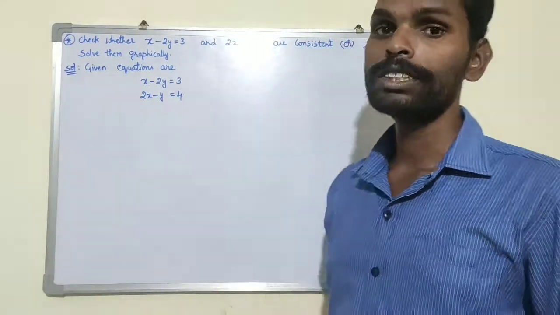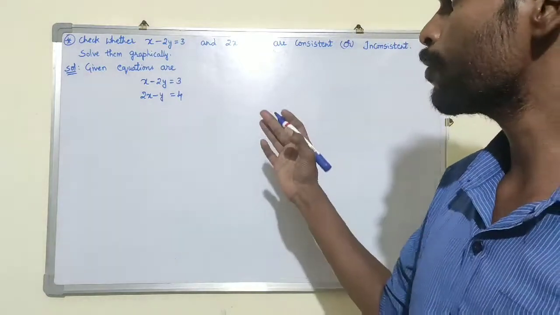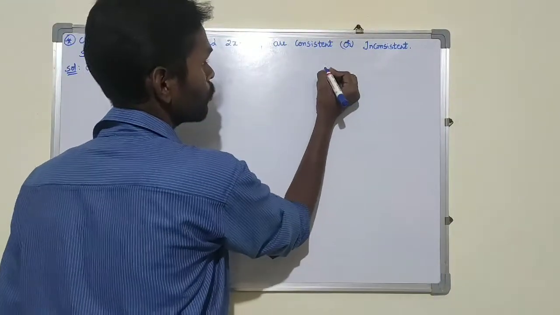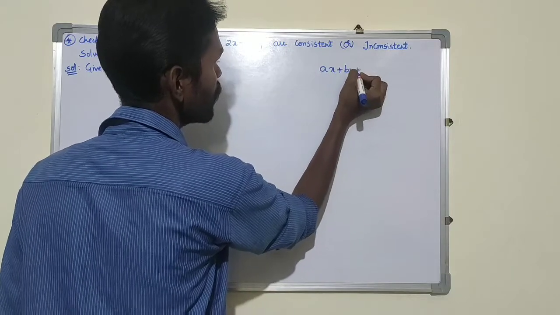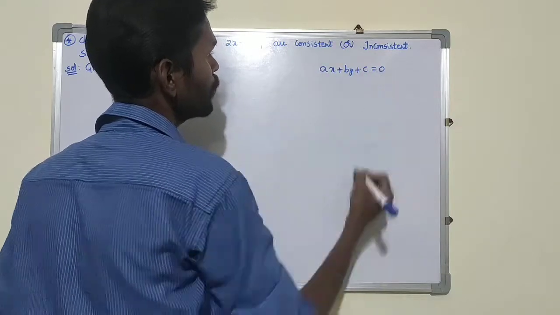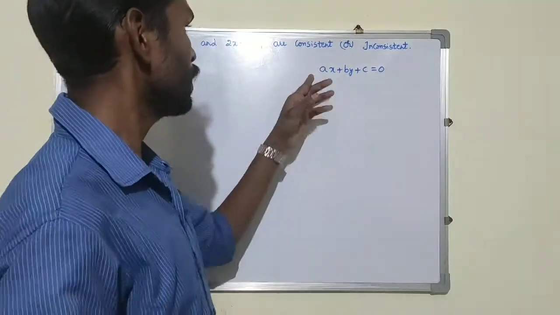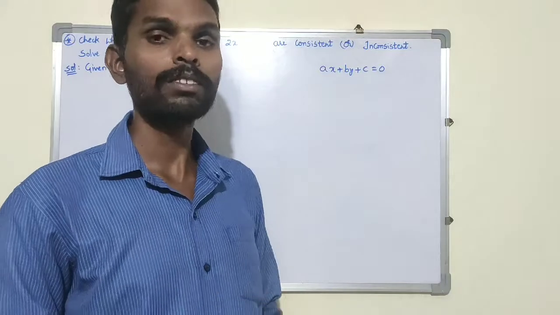Now, you know the general form of the linear equation is of the form ax plus by plus c equal to 0. This is the general form of linear equation in two variables where a, b, c are real numbers, x and y are variables.